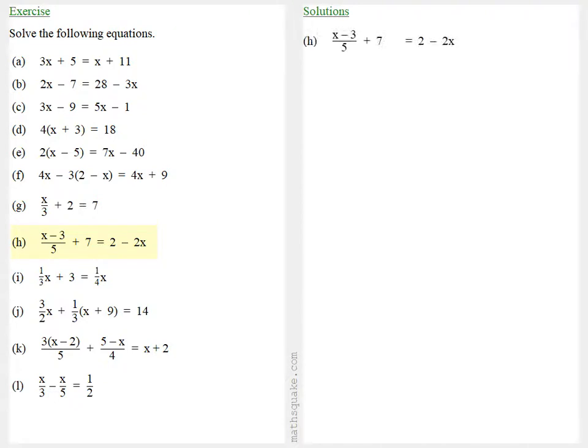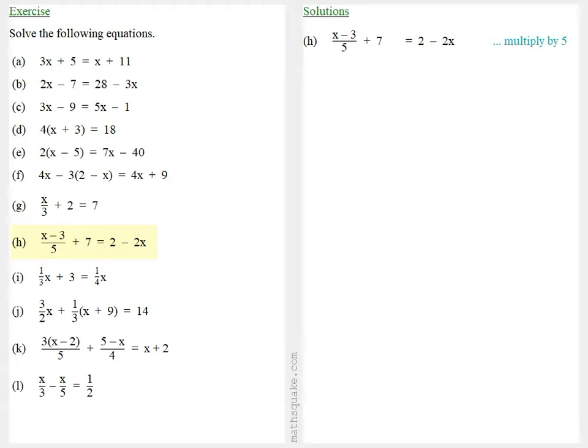In question H, we have x minus 3 all over 5 plus 7 equals 2 minus 2x. Now the first thing is there's some fractions there, and we need to get rid of those. So multiply all the way through by 5.